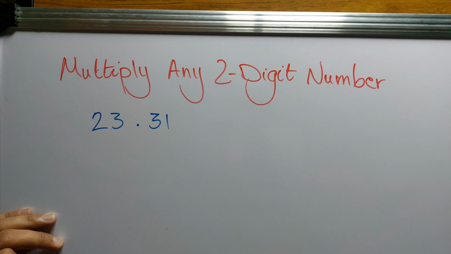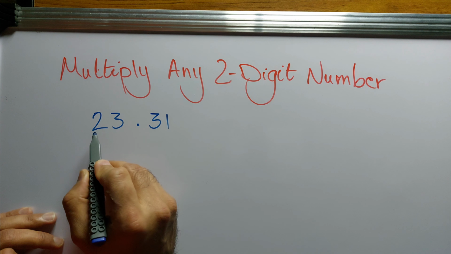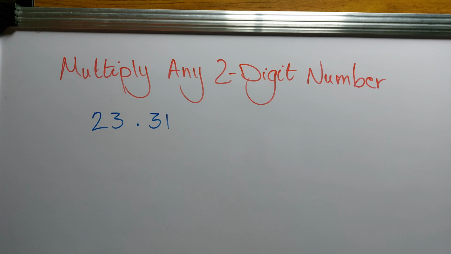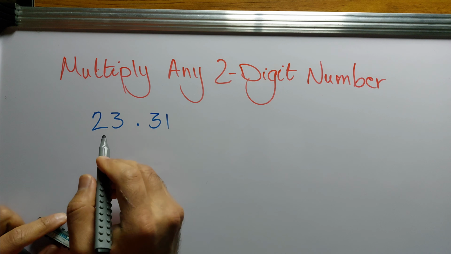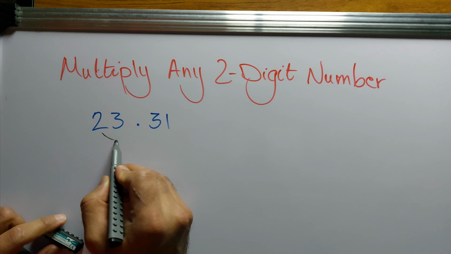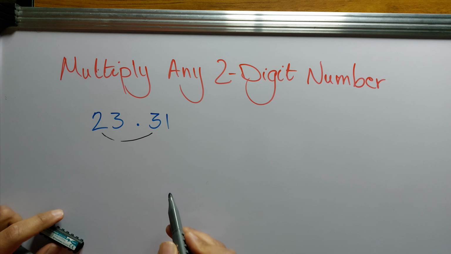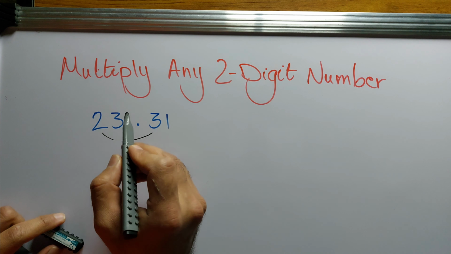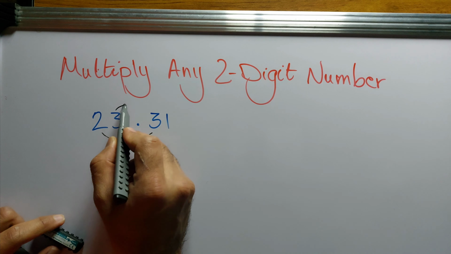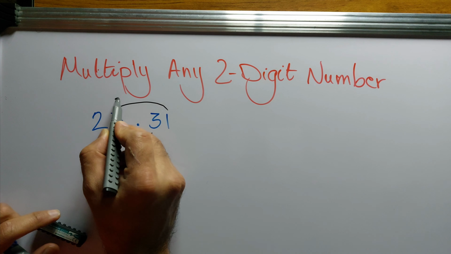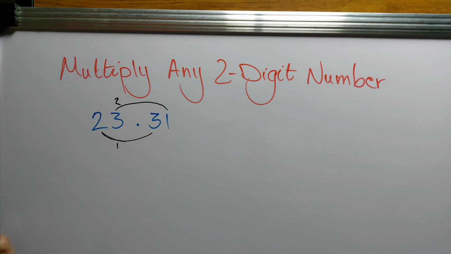The first thing that we're going to do is, okay, let me change the color here. Multiply the first digits first, and then second, multiply the second digits. So first, second. This is the first step, and that's the second step.